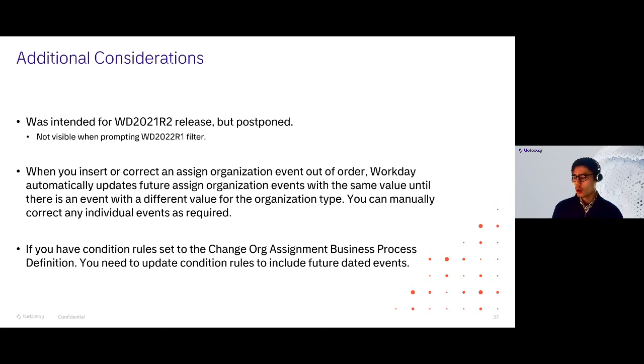And the corrections are only done if the future events has the same value as the one that you are currently correcting. And if you have any condition rules set for the change org assignment business process definition, you need to update these condition rules to include the future dated events. Otherwise, it will not function properly.